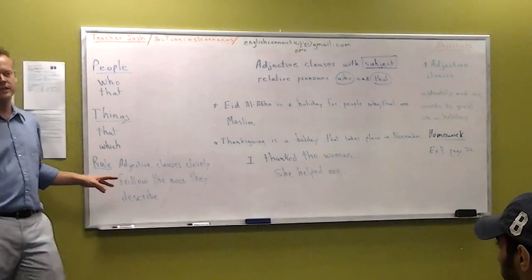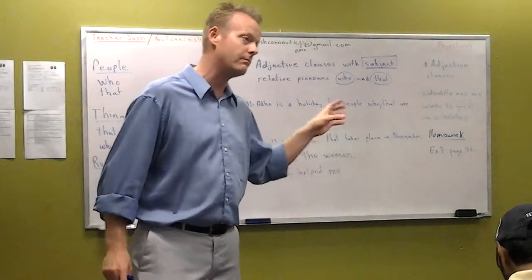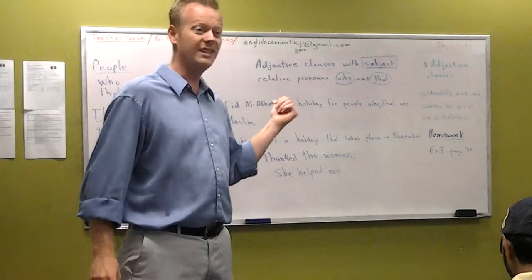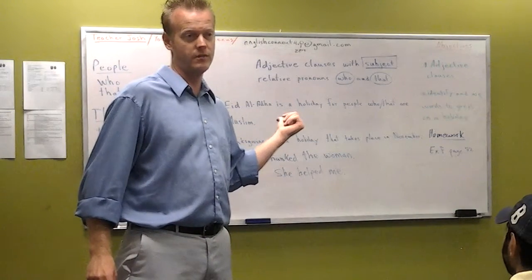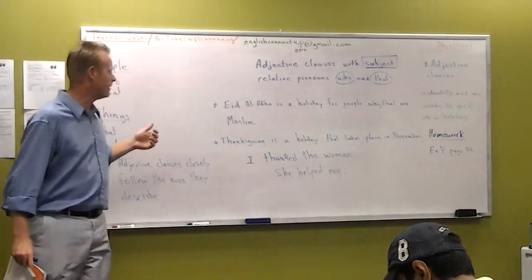This is interesting because it's a little different than an adjective. A normal adjective usually comes right before the noun, right? But these are adjective clauses, which have a different rule. They follow the noun they modify.